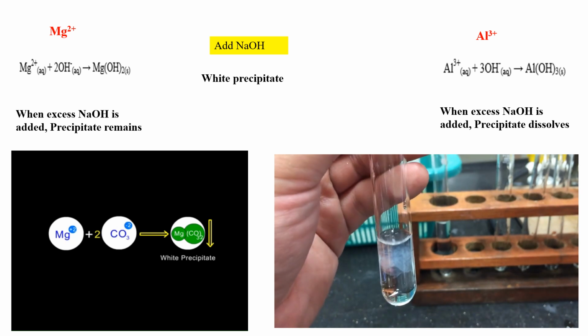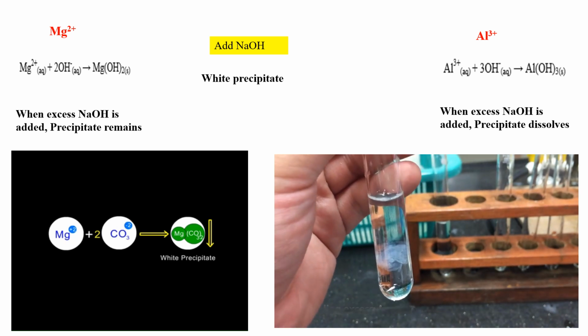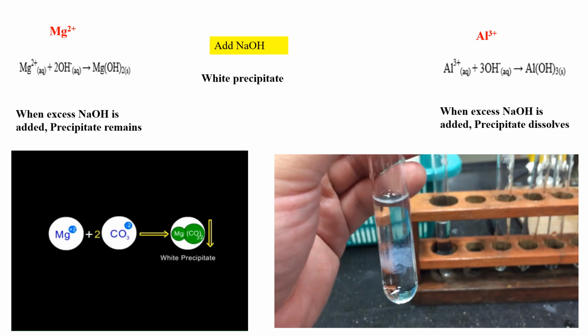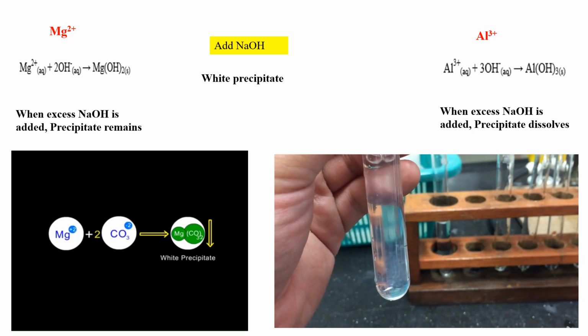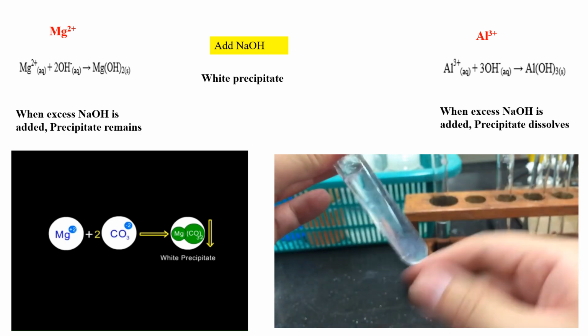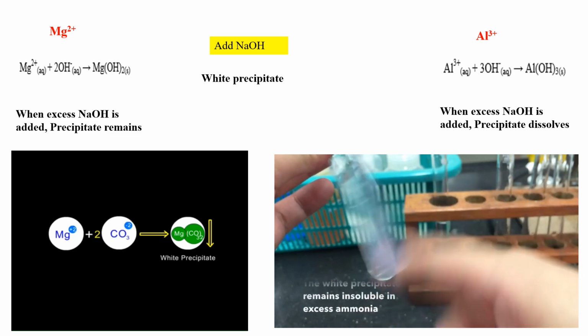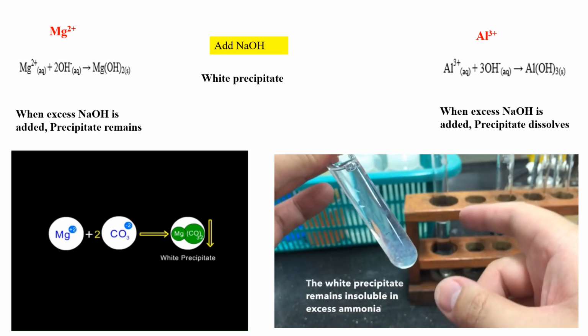Proceed to add an excess of ammonia solution. Notice how the white precipitate remains insoluble in excess ammonia.